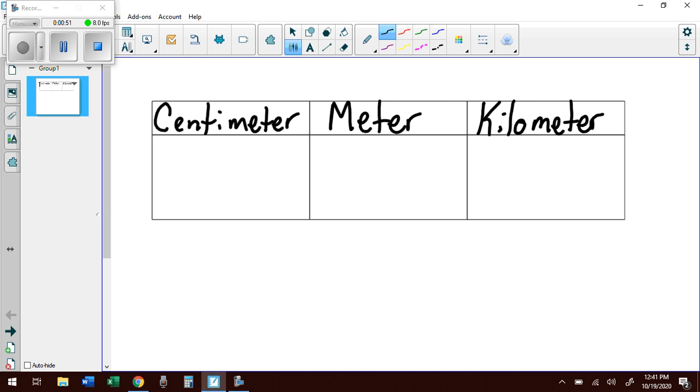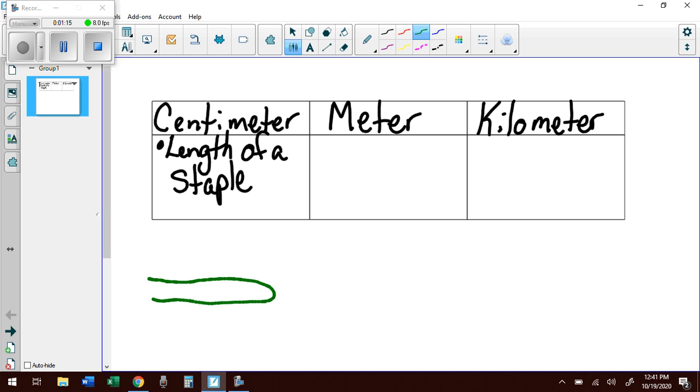When we talk centimeter, we're talking the length of a staple. So not very big. If you think about centimeter as like a centipede, bugs aren't very big.